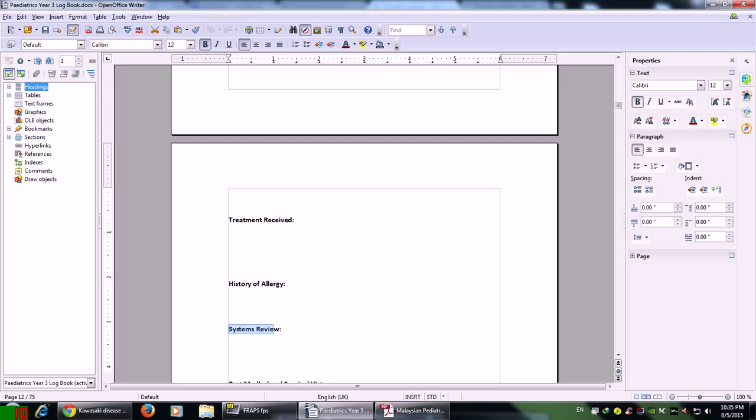For example, for the treatment received, you can ask what treatment he received before he arrived at the hospital, what treatment he received after he arrived, and also the history of allergy. You ask about pets. Do they have any pets? Are they allergic to any dust, drugs, pollens, carpets, foods, and also seafoods particularly?